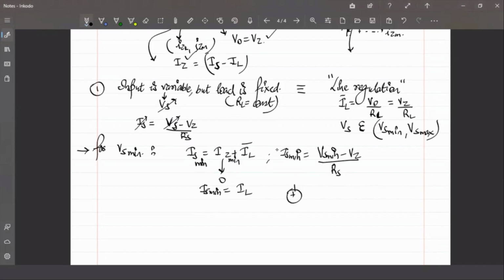This is your voltage source, plus minus. This is your resistance Rs, and this was your Zener diode, through which the final value of current flowing is 0 now. Here the current Iz minimum has become 0, and this is your load RL. This is Rs and this is Vs.